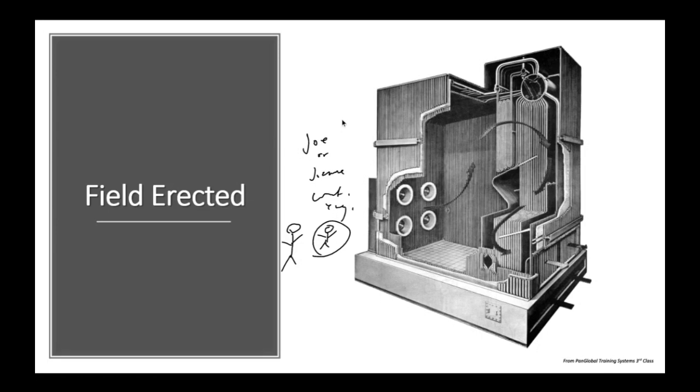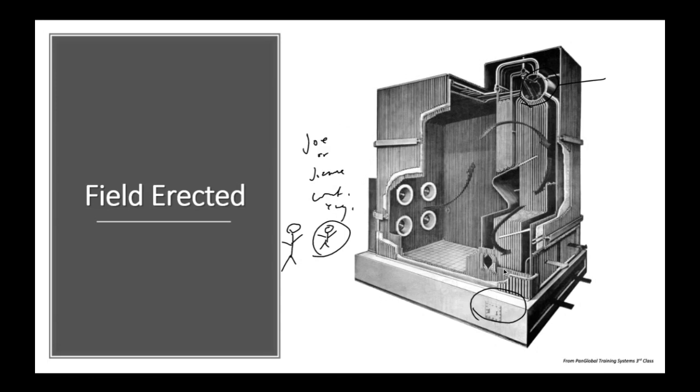So a field erected boiler, here's what we got. We got a steam drum that's going to be made in the shop. And so it's going to be welded up, and it's going to get post-weld heat treatment in the factory. And then somewhere down here, where you can't see it, there's going to be a mud drum. Same type of deal.